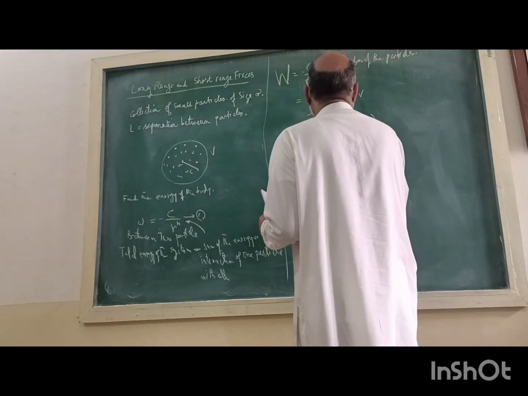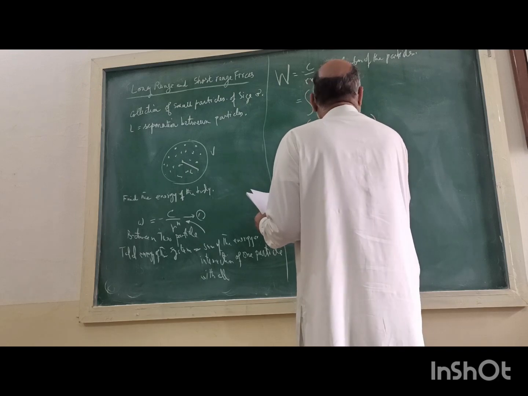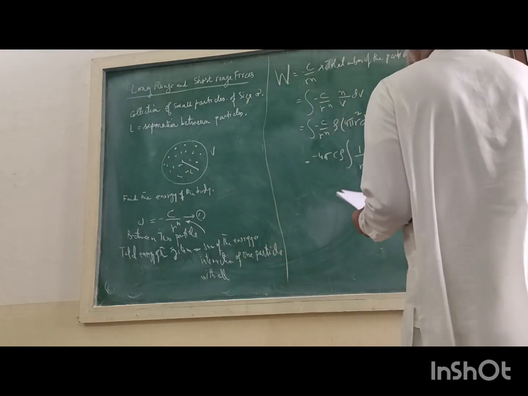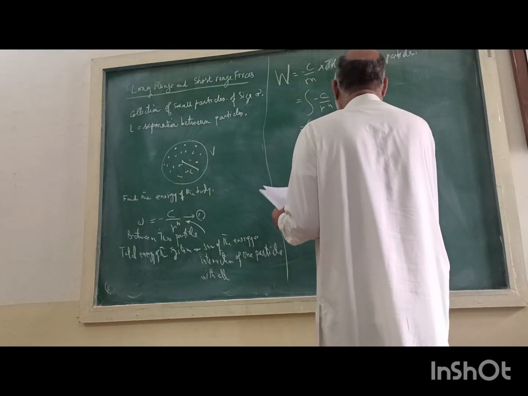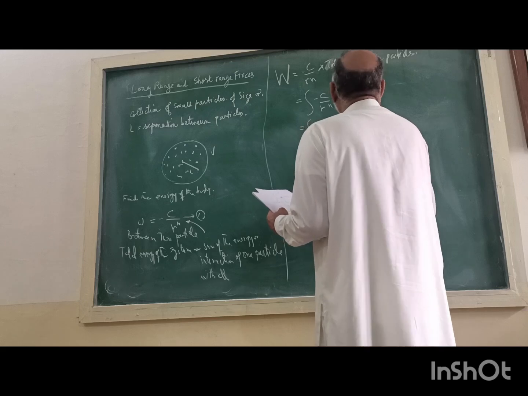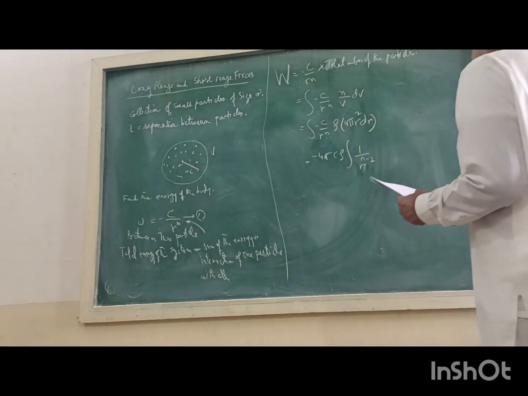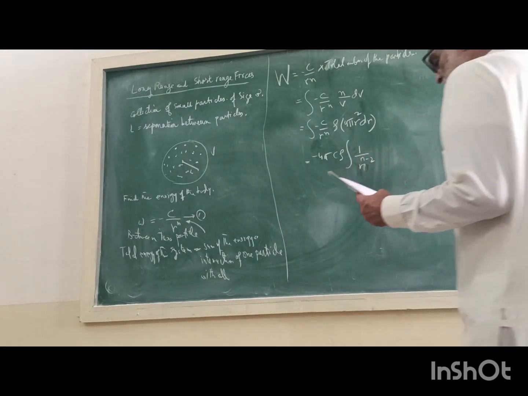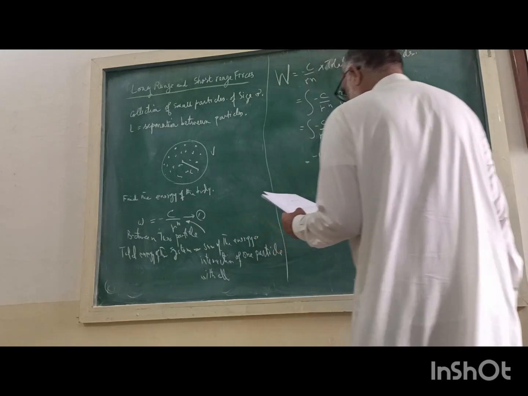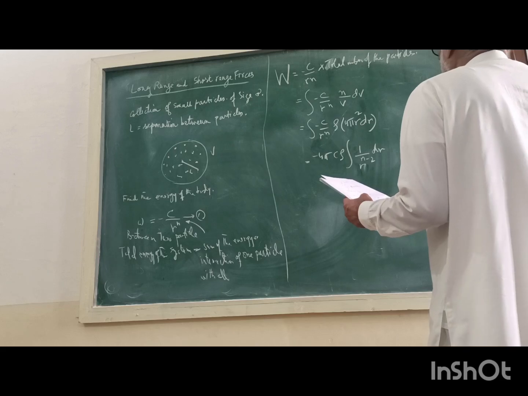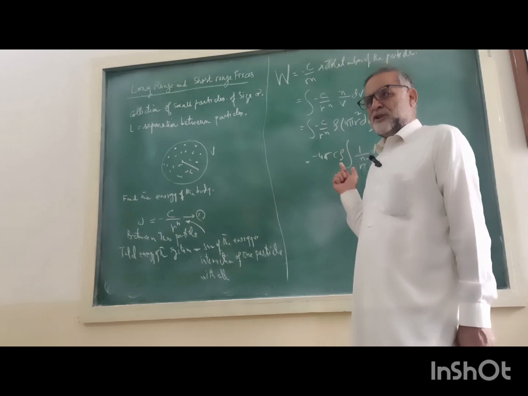So it will be 1 over r to the power n, times r squared, which gives r to the power n minus 2, dr. And look, what are the limits of integration?